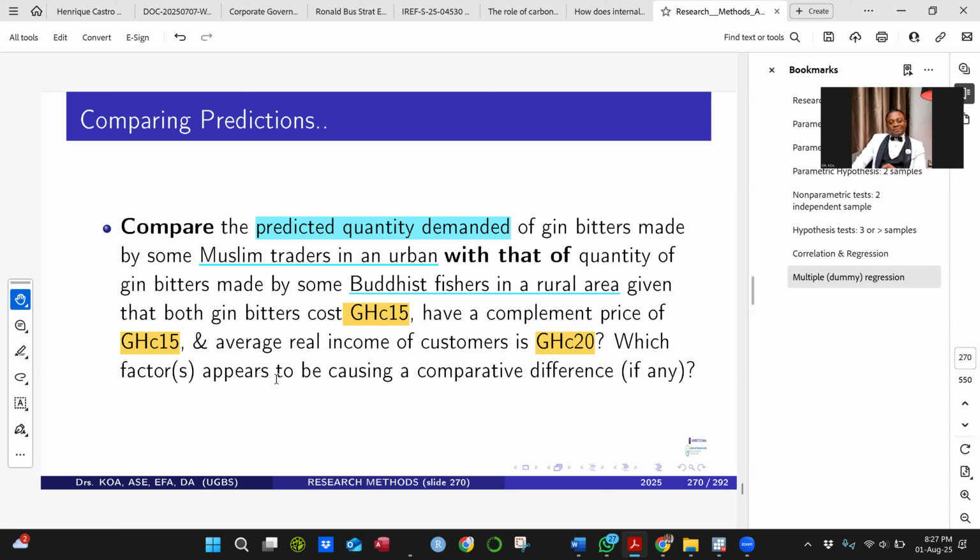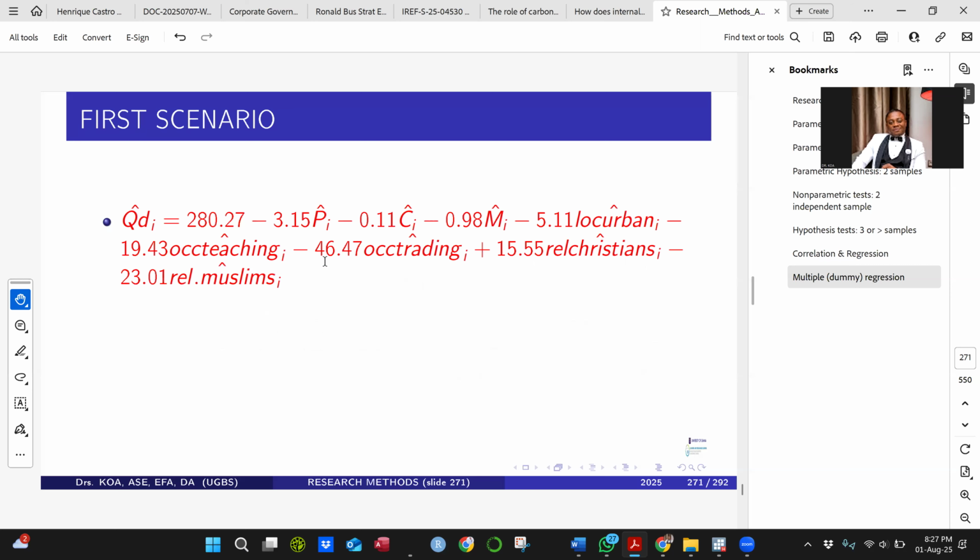Who can tell us the regression equation? We gave it out. This is the regression equation. Write it down. All of you should write it down.